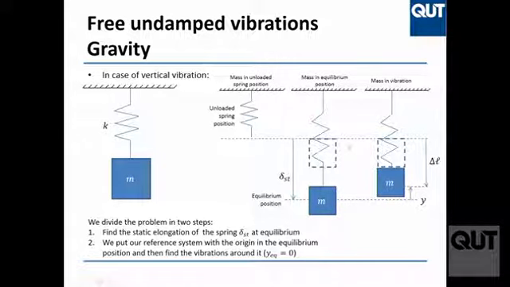So basically the motion of this body is composed of two parts. A static elongation, we call it delta static, which is the difference between the unloaded spring position and the equilibrium position. And then the vibration itself. So what do I do when I choose my coordinate system in vibration? That's important. I put my coordinate system with 0 at the equilibrium position.